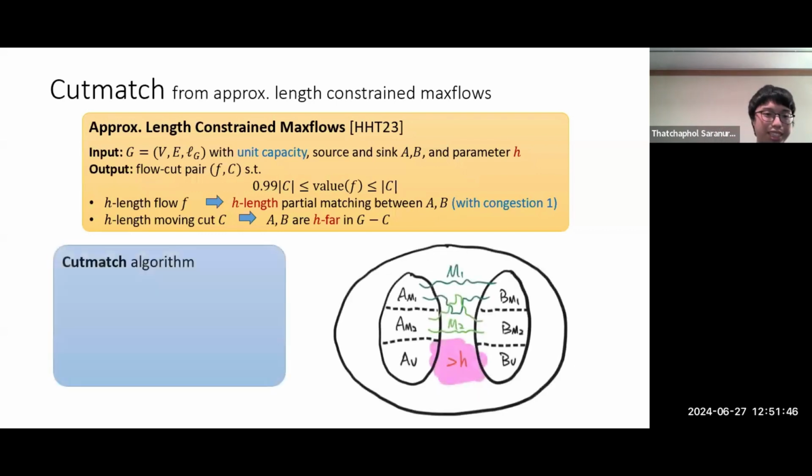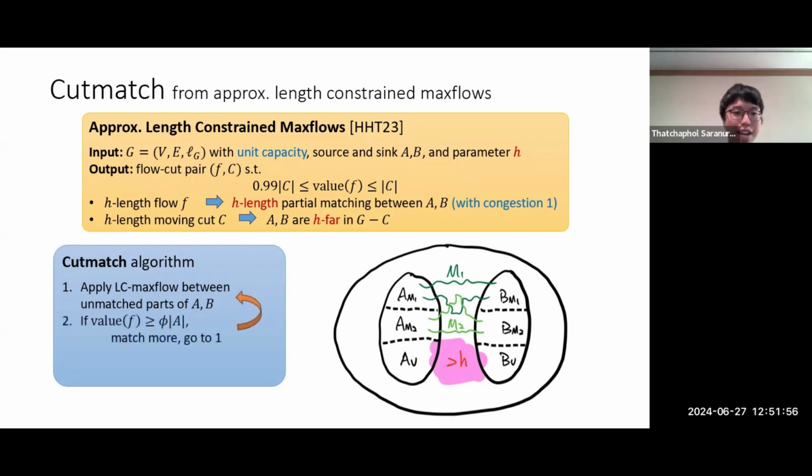We just need to iteratively apply this subroutine on the unmatched part of A and B. In one iteration, if we find a very large flow, with value larger than a constant fraction of A, it means that we get a fairly large matching that can match a constant fraction of sources and sinks.